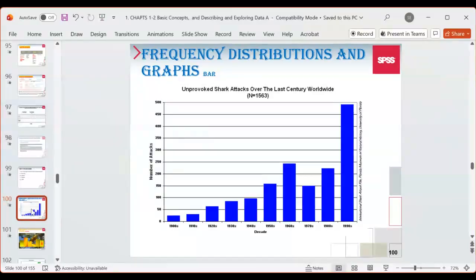Most of my students found this course, which is basic stats, much more difficult than the advanced statistics you're going to have in the next semester.